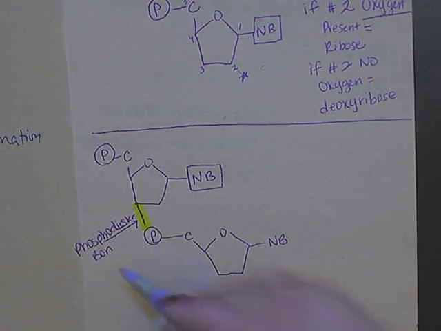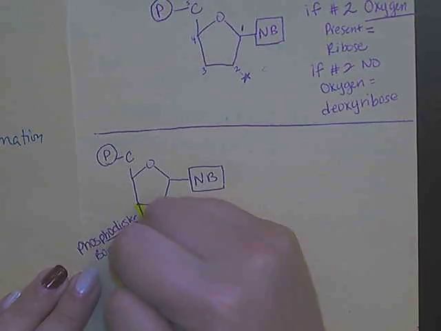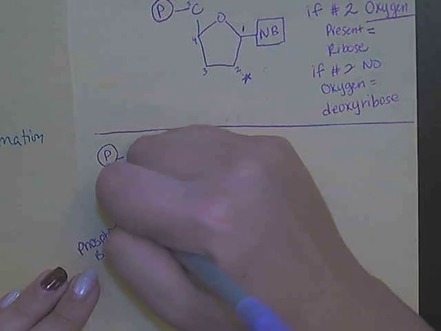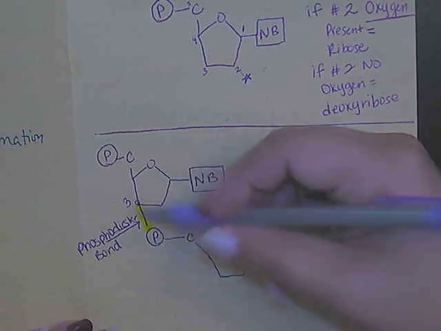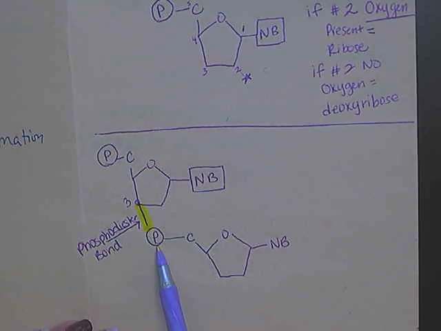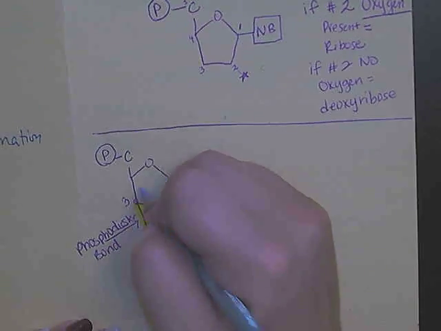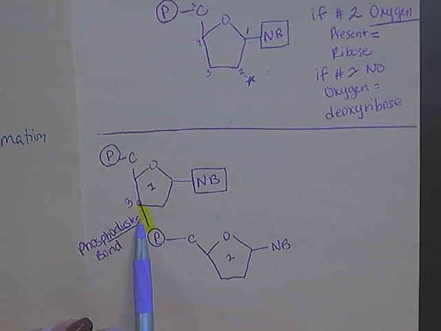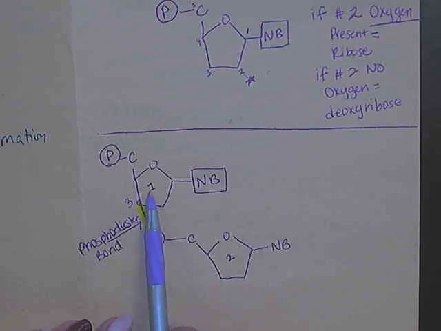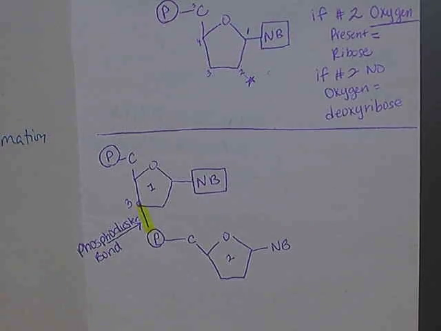The phosphodiester bond forms between carbon number 3 and the phosphate group of the next nucleotide. So if this is nucleotide number 1 and this is nucleotide number 2, then that phosphodiester bond would form between carbon number 3 of the first nucleotide and the phosphate group of the second nucleotide.